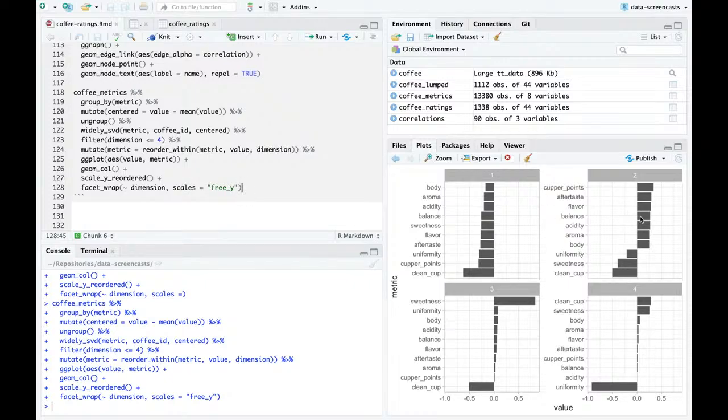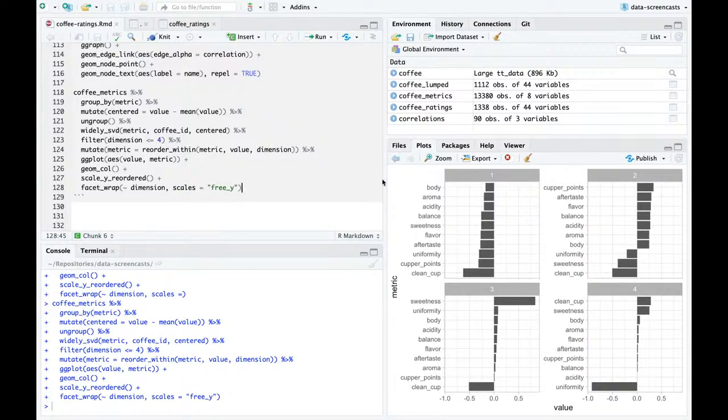What we also see is that the second principal component is everything in one direction except for uniformity, sweetness, and clean cup, which I've learned from Chris Wu are evaluated differently on the cup score form. Once we've explained this variation, sweetness and clean cup get separated, and clean cup and uniformity get separated. So these three are a little bit different, but there's just so much correlation.